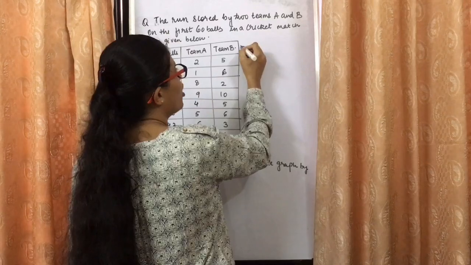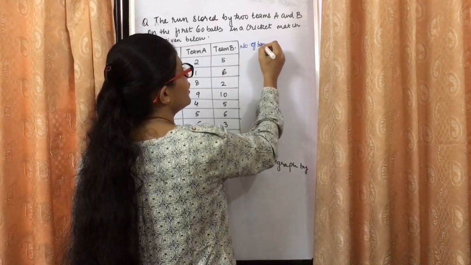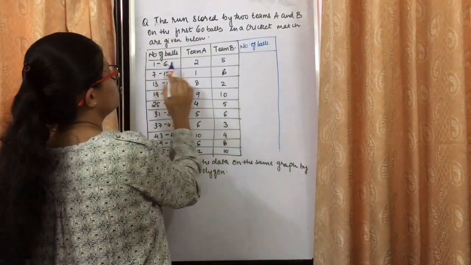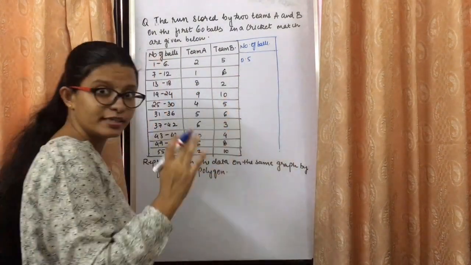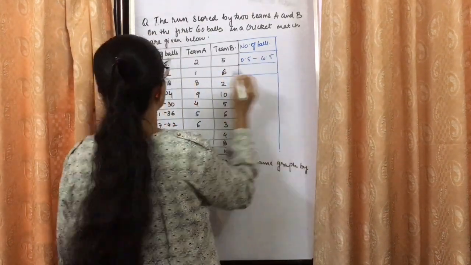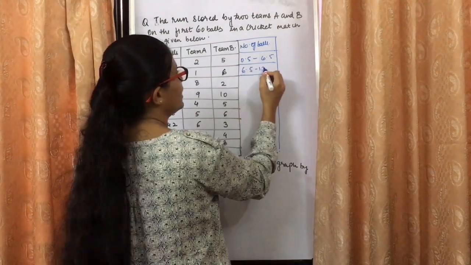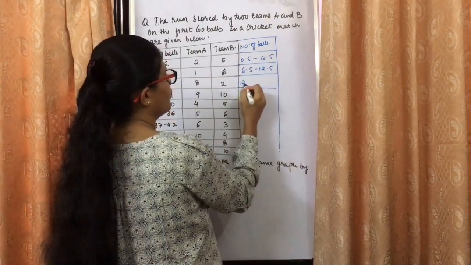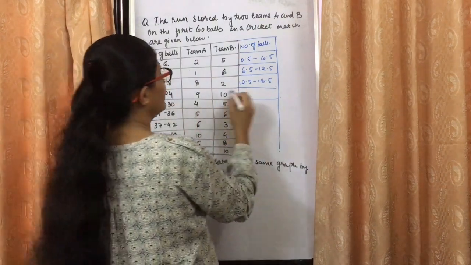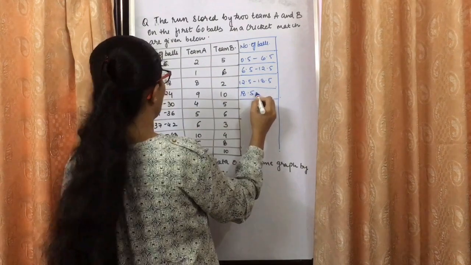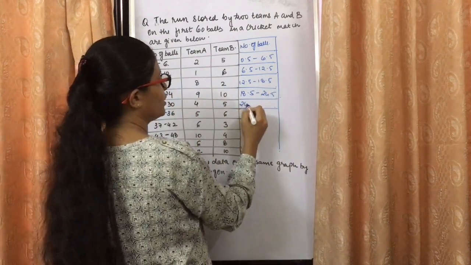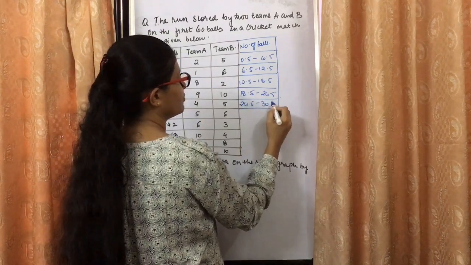So our new class intervals will be as follows. See here. 1 to 6, I will subtract from the lower limit and add to the higher limit. 7 becomes 6.5 and 12.5. Again it will be 12.5 to 18.5. 19 becomes 18.5 to 24.5. Subtract 0.5 from 25, I will get 24.5 to 30.5.